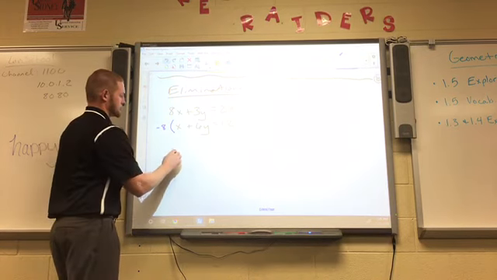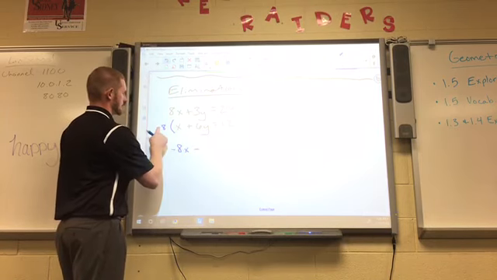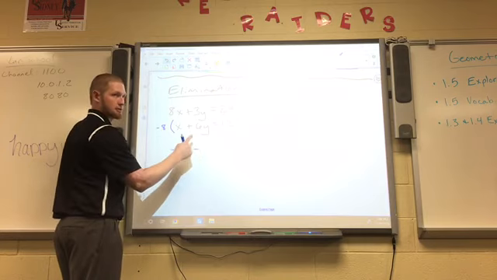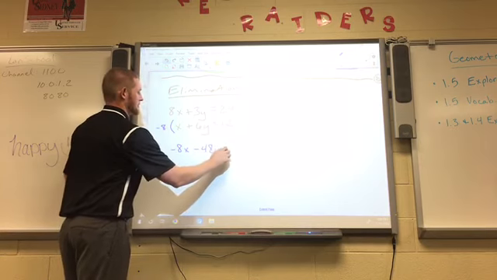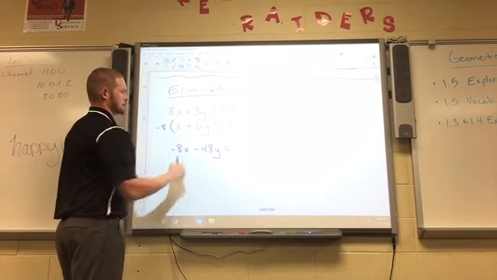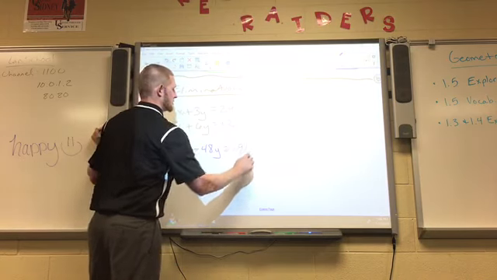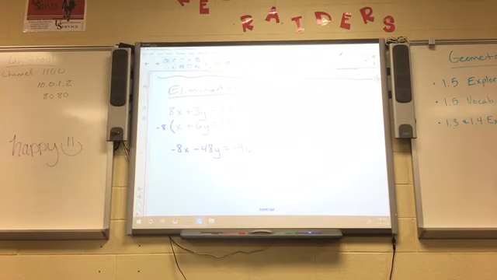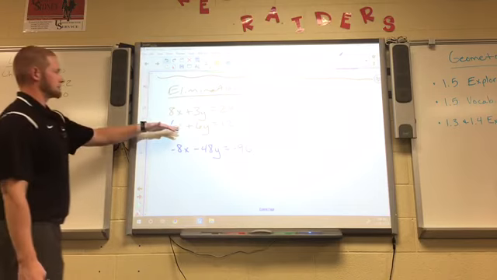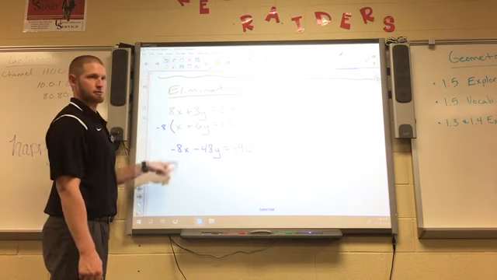Negative 8 times x would be negative 8x, plus, negative 8 times 6 is negative 48y, equals negative 8 times 12, negative 96. Okay? So all I did there is I changed the bottom equation so that it was exact opposite with this x.